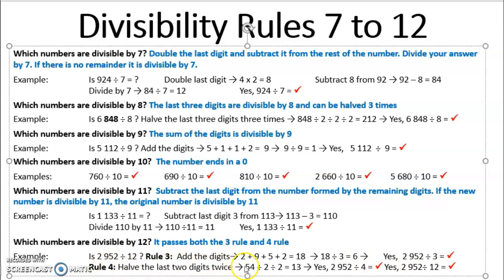The last 2 digits are a 5 and a 2, 52 divided by 2 twice is 13 without a remainder. So yes, 2,952 is also divisible by 4. Therefore, 2,952 is divisible by 12.